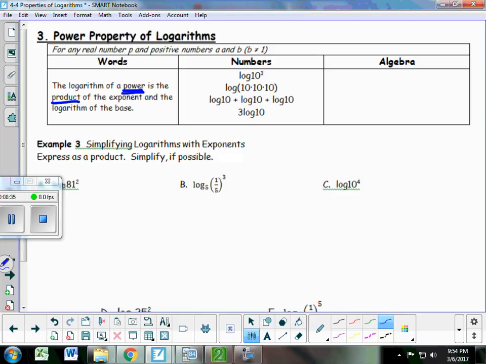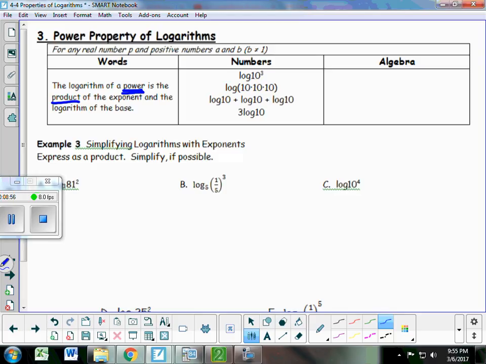So here's an example. This is a common logarithm, you can tell, because there's no base written in. So the common log of 10 to the third power. Well, that's the same thing as 10 times 10 times 10. You can break that up with our old property. It's not really that old, it was just a few minutes ago.